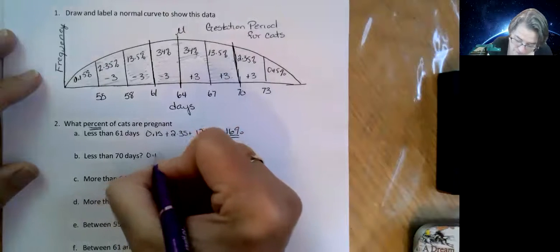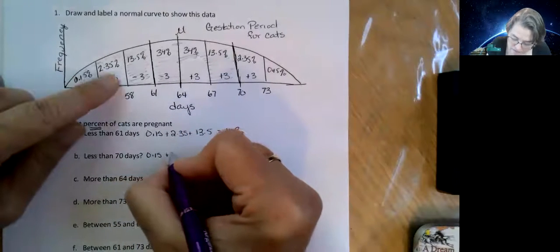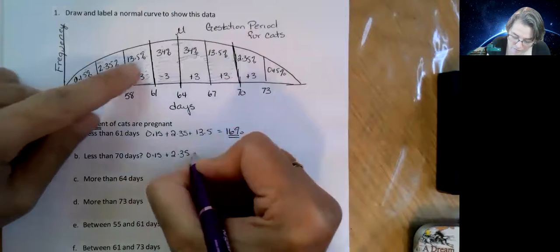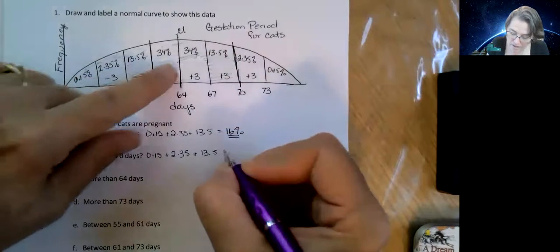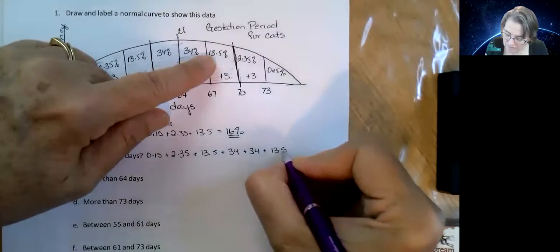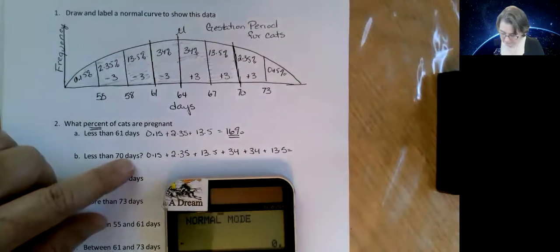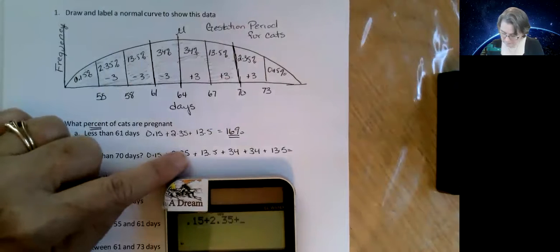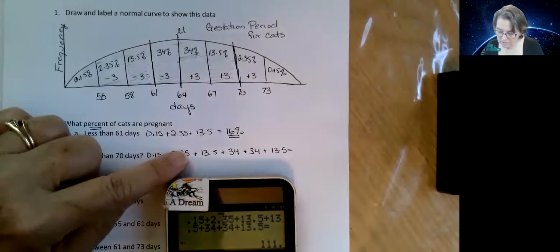So 0.15 plus 2.35 plus 13.5, 34, 34 plus 13.5 plus 13.5. Wow.